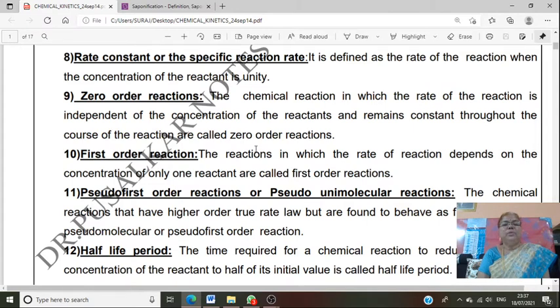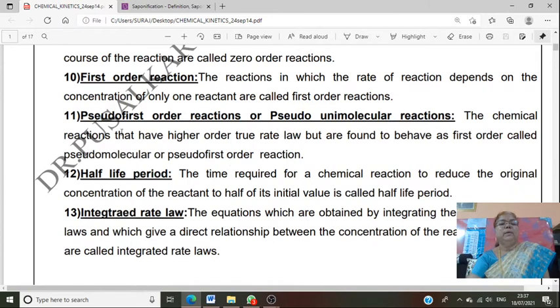Such reactions are called zero order reactions. Then the first order reactions are the reactions in which rate of reaction depends on concentration of only one reactant. Those reactions are called first order reactions. Then you have studied the pseudo unimolecular reactions or pseudo first order reactions.